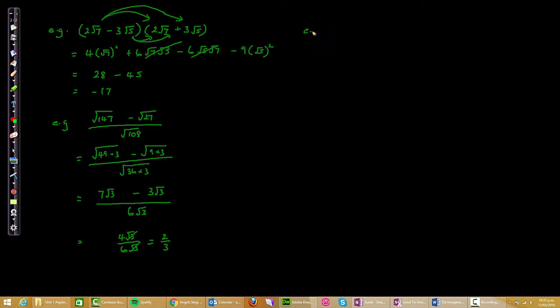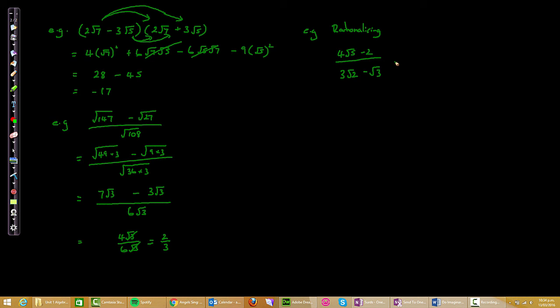Okay, and one last one. Let's have a look at rationalizing. So let's say we're asked to rationalize this one: 4 root 5 minus 2 over 3 root 2 minus root 3.